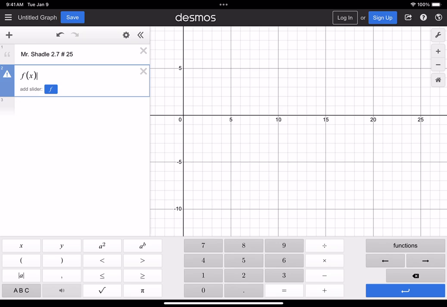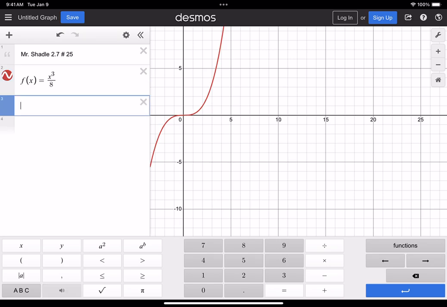f of x equals x cubed. And g of x, if you don't know how to write cube root, write what goes inside the sign and put it in parentheses and raise it to the 1/3 power.